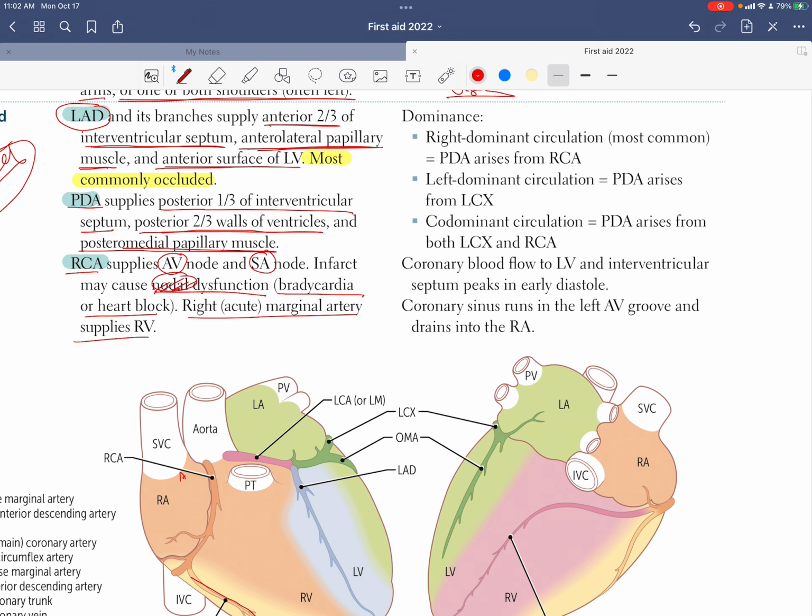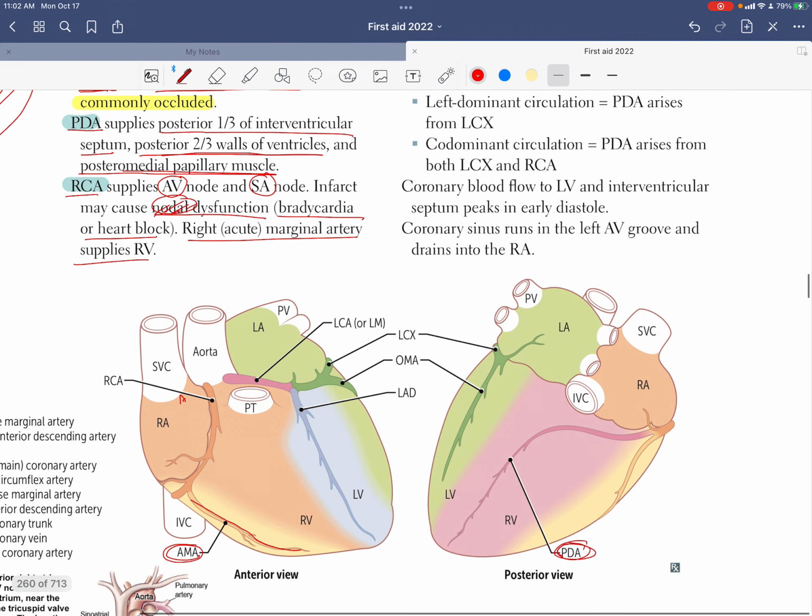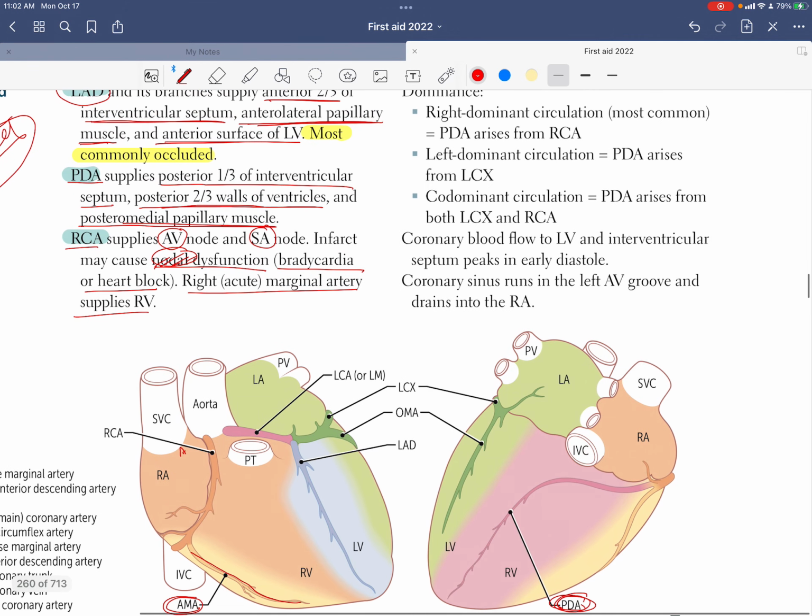So for dominance, it all depends on the PDA, this artery. Where does it come from? If it comes from the right coronary artery, because we know this orange thing is the right coronary artery, and that happens in most people, like most people have the PDA coming off the right coronary artery.